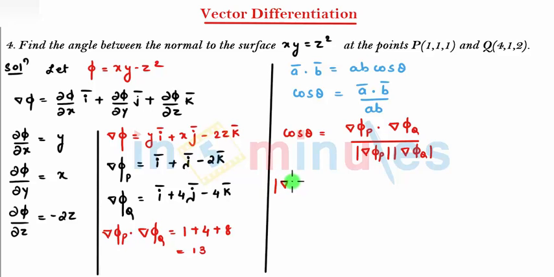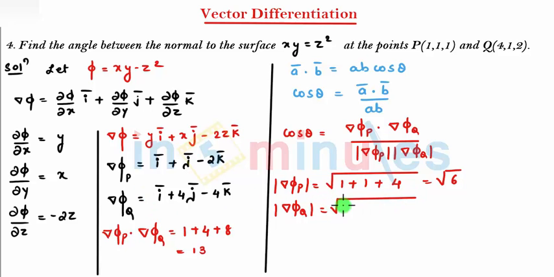Mod of del phi P is under root 1 squared plus 1 squared plus 4, that is root 6. In the similar way, mod of del phi Q is under root 1 plus 16 plus 16, that comes to 33.